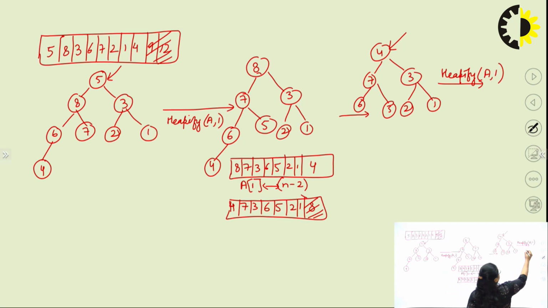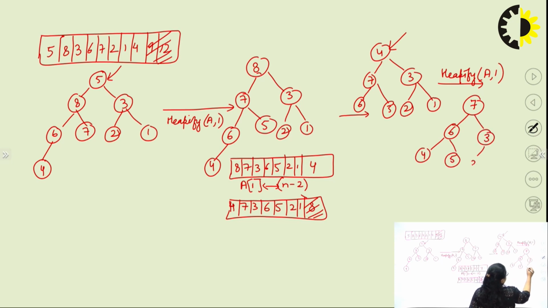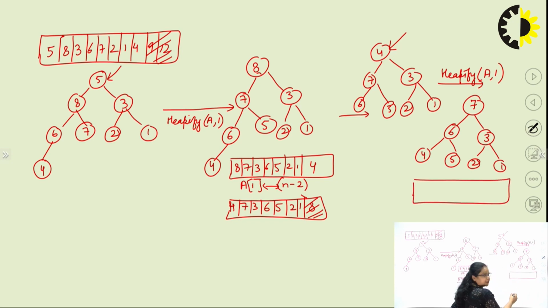So we will come out with 7, 6, 4, 5, 3, 2 and 1. Again we have to convert it into an array that comes out to be 7, 6, 3, 4, 5, 2 and 1. Swap. So we will get 1, 6, 3, 4, 5, 2 and 7.